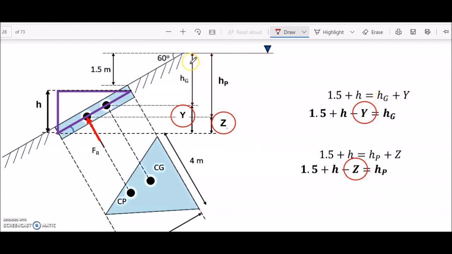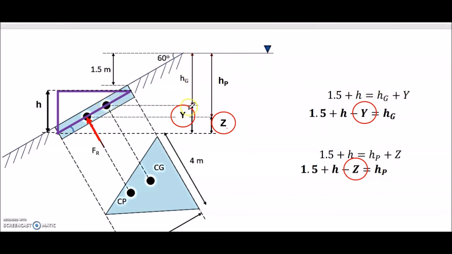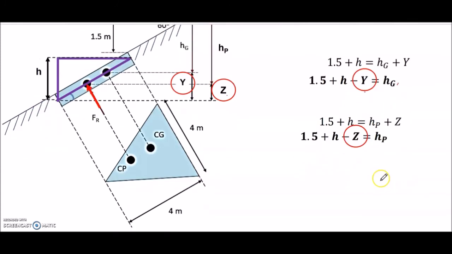So we want to know the hg, which acts on the center of gravity, plus the y to the bottom of the gate. Okay, so we will rearrange this, and leave hg as the unknown, and y. Alright, so the next one, we need to do another equation with the unknown of z and hp.